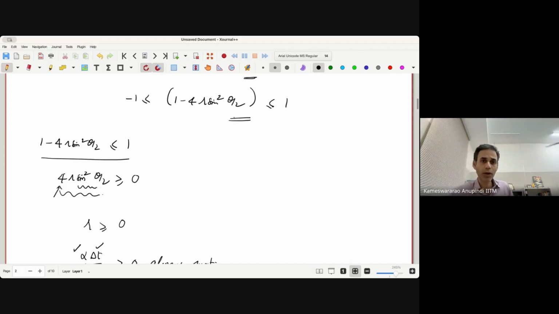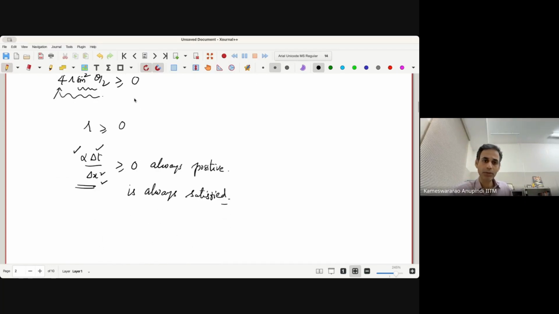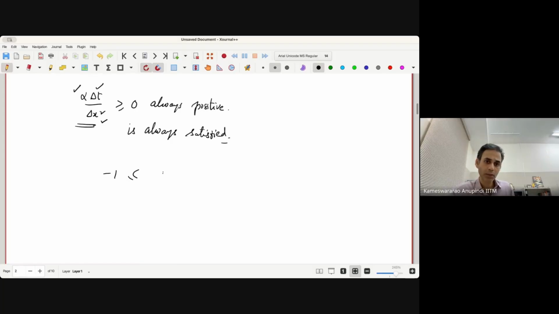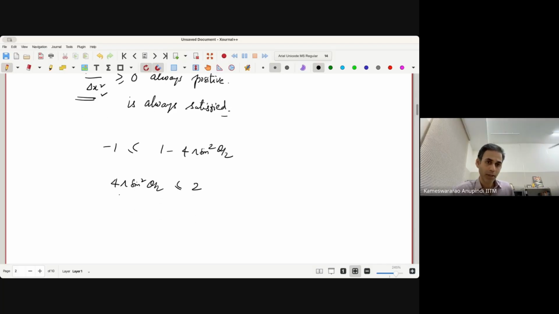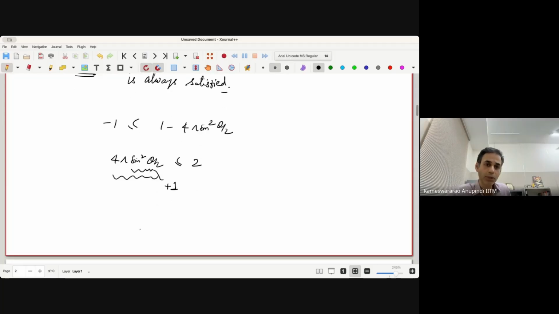Now we'll look at the other limit, that is 1 minus 4r sine square theta by 2 to be greater than or equal to minus 1. So I will choose minus 1 less than or equal to 1 minus 4r sine square theta by 2, which basically gives me 4r sine square theta by 2 to be less than or equal to 2. Because we are looking at this entire quantity to be the minimum, we will substitute for the maximum value of sine square theta by 2, which is 1. So as a result, r should be less than or equal to 1 by 2.